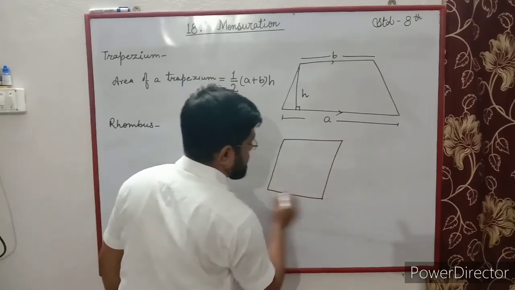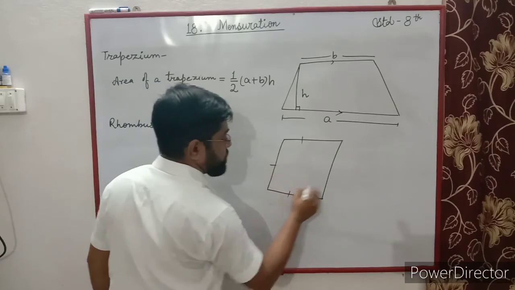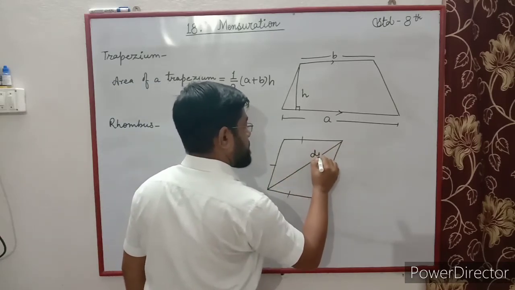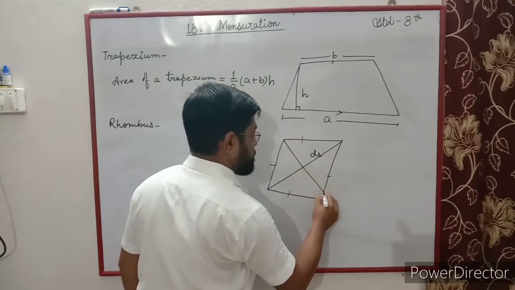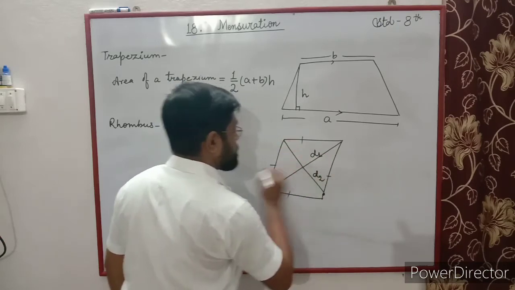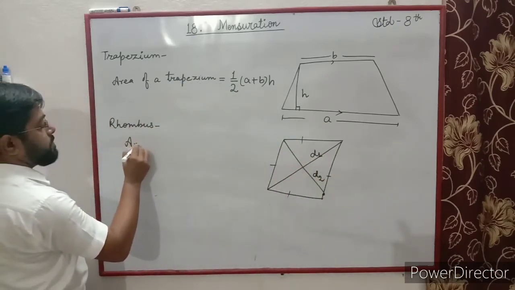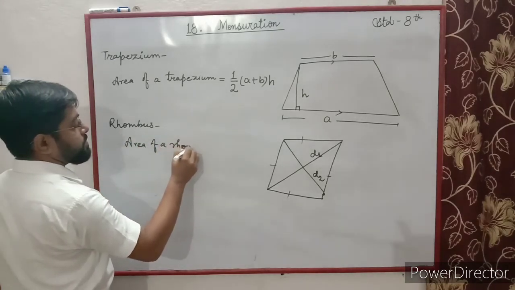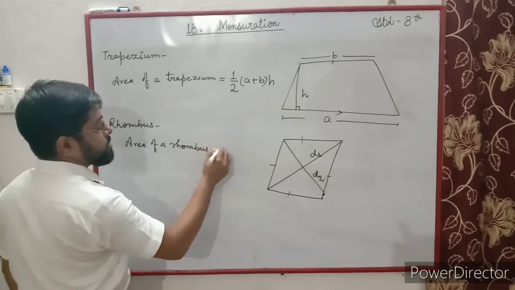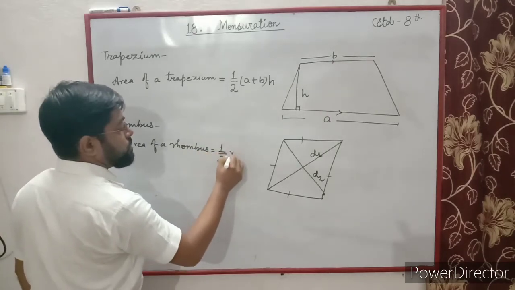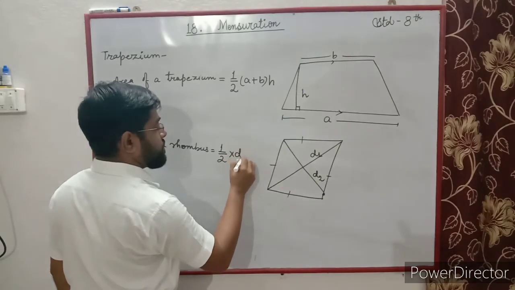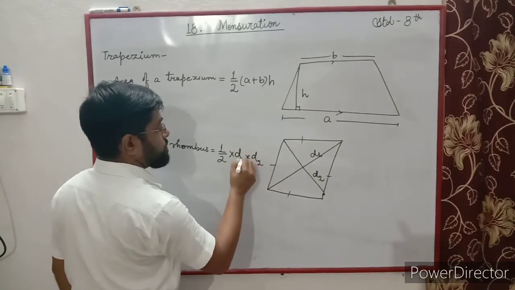First of all draw a figure. All sides are equal, and this is the first diagonal, we denoted D1. This is the second diagonal, we denoted D2. So area of a rhombus is equal to 1 by 2 into the product of diagonals. So D1 into D2.